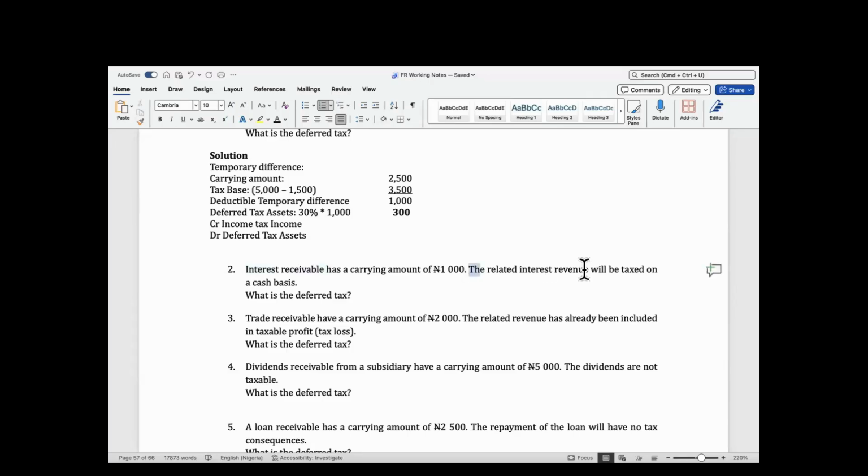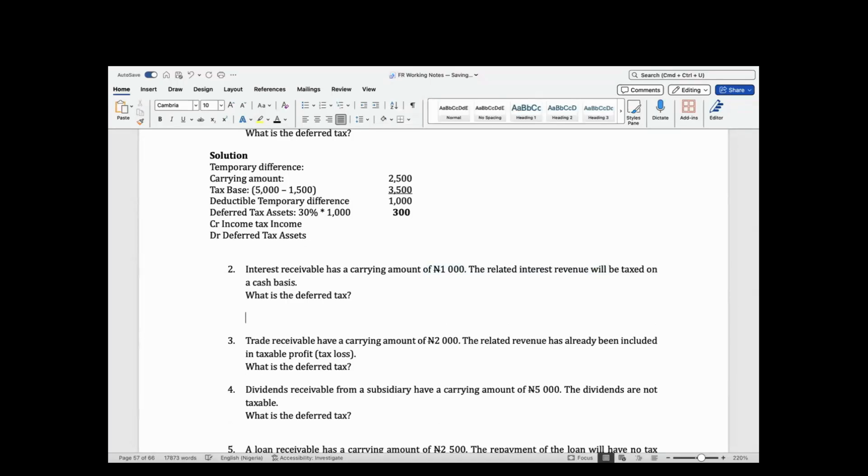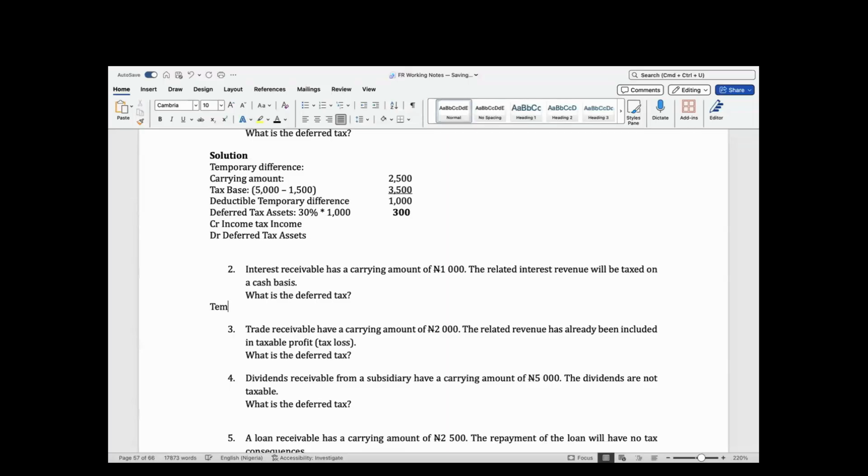But as far as tax is concerned, they said the related interest revenue will be taxed on a cash basis, meaning that the taxman will not tax it now until I receive it. So the taxman is saying this 1,000, I'm not going to tax it because it's still receivable. They believe you are recognizing this income on an accrual basis. So not that I won't tax it, but we will tax it on a cash basis.